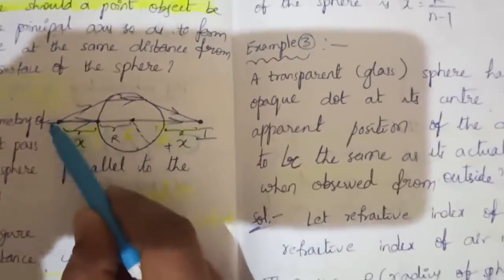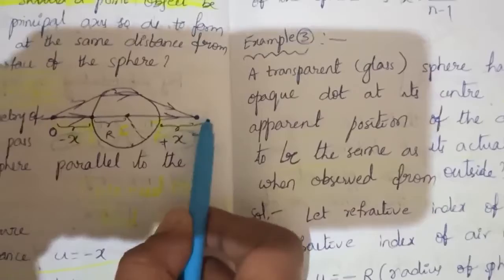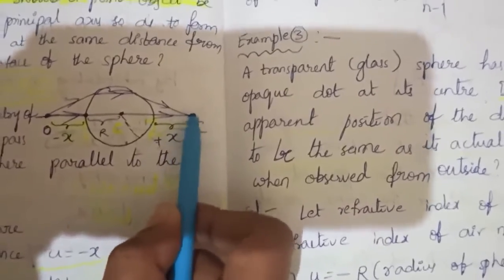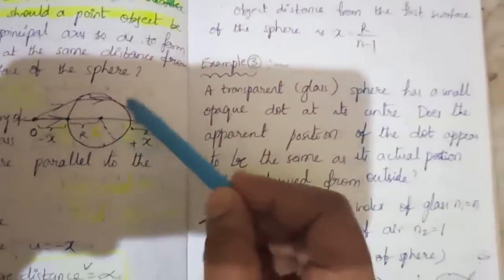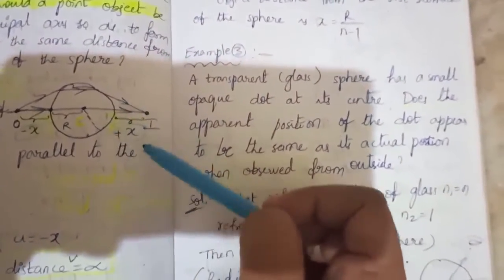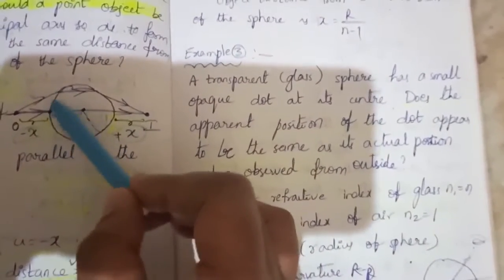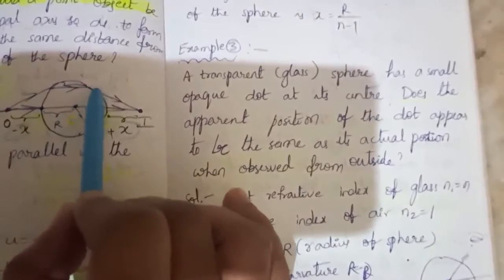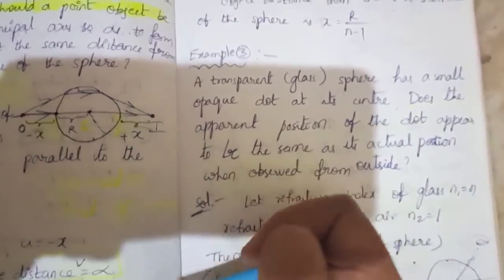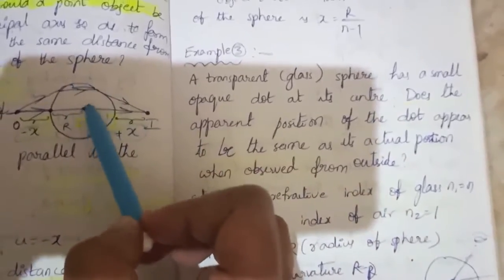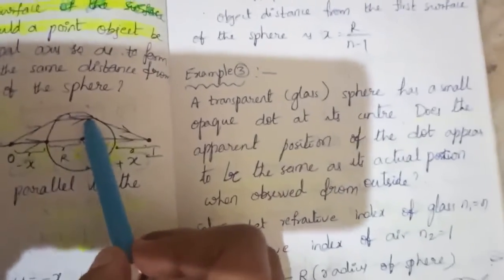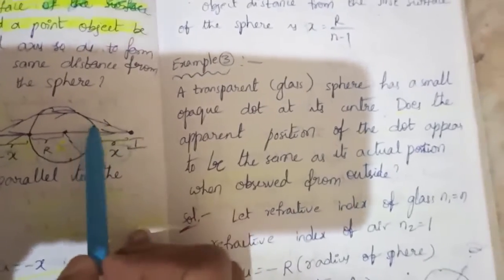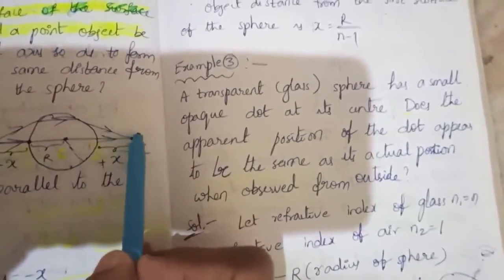So after refraction at the first surface, the refracted ray is parallel to the optical axis, and it falls on the second surface and goes out. So the incident ray which is parallel to the principal axis will form the image at infinity distance. So like that we are assuming.